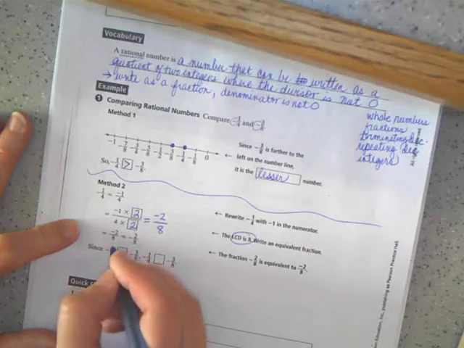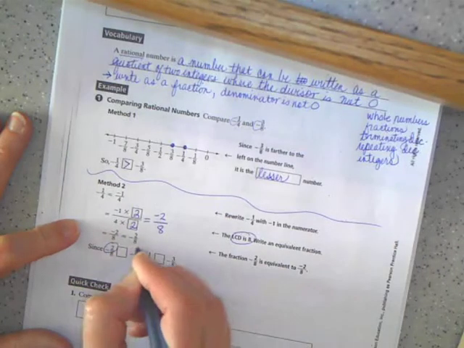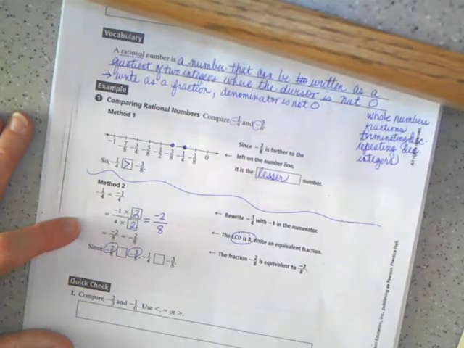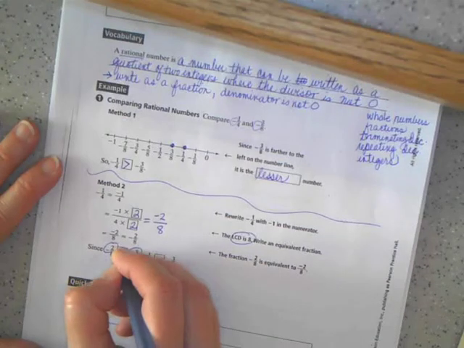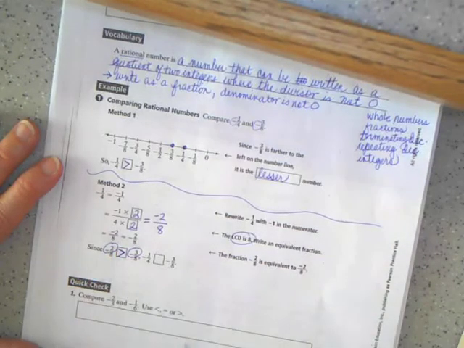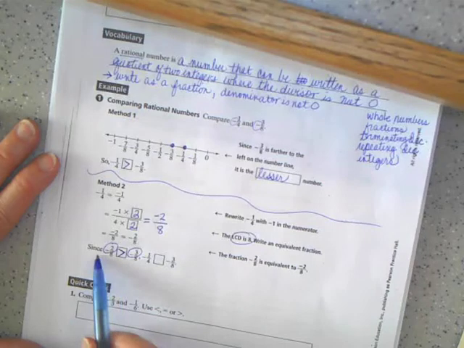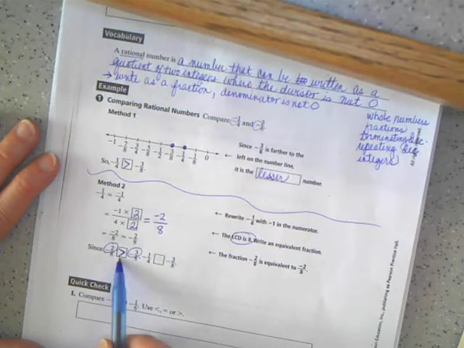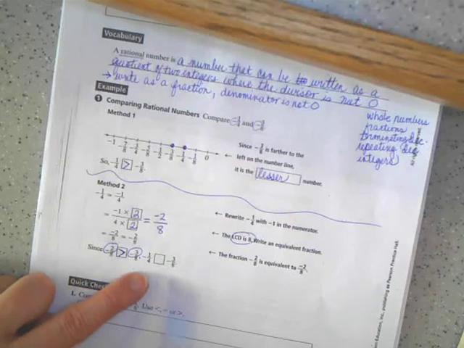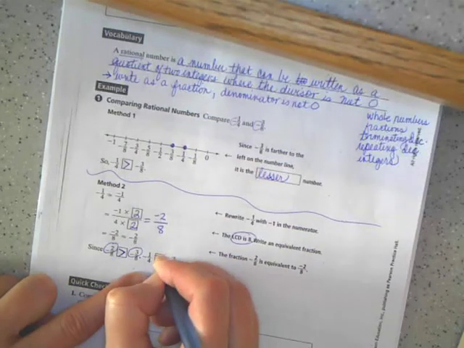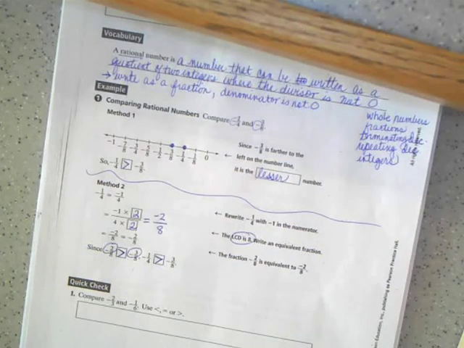I have -2 compared to -3. -2 is closer to 0 than -3, so it's greater. So the fraction -2/8 is greater than -3/8, which then leads us to the conclusion that -1/4 is greater than -3/8.